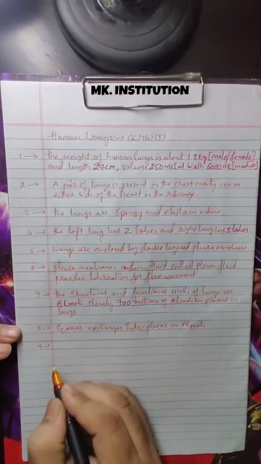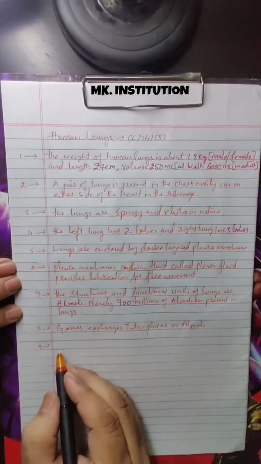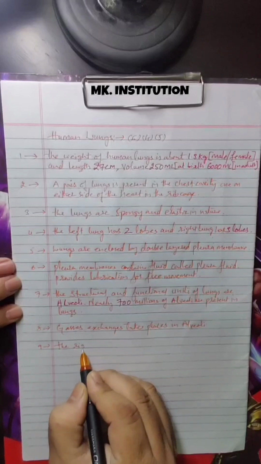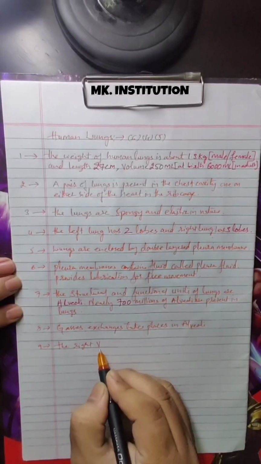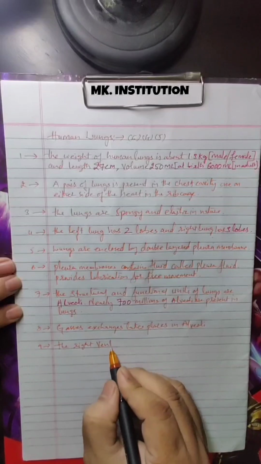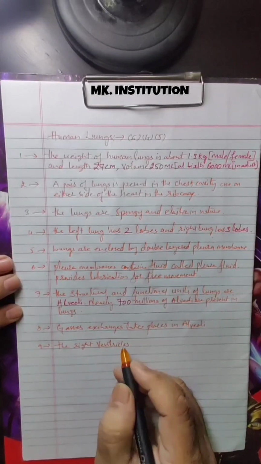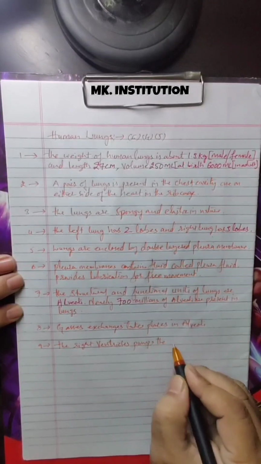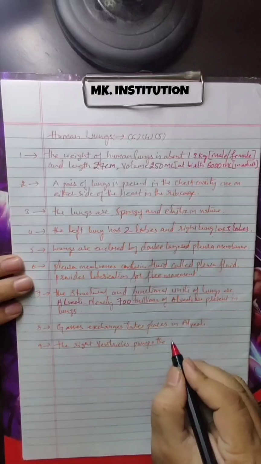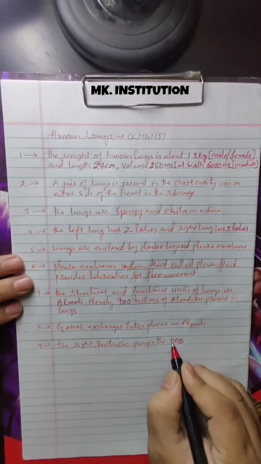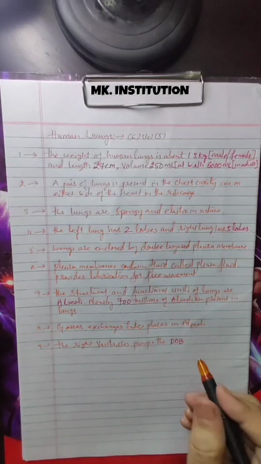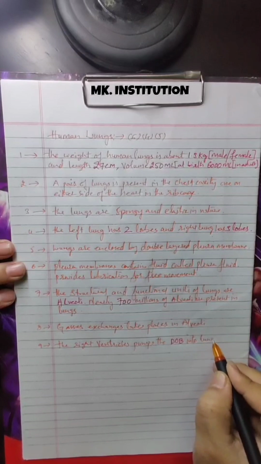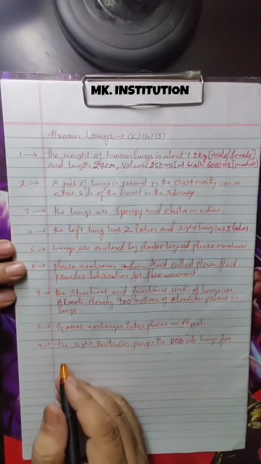The 9th one: the right ventricle pumps the deoxygenated blood into the lungs for the oxygenation process.